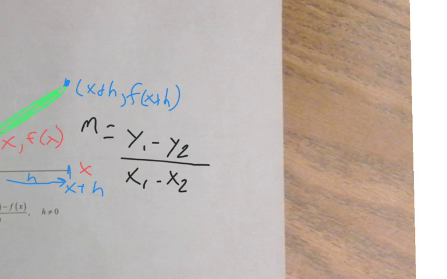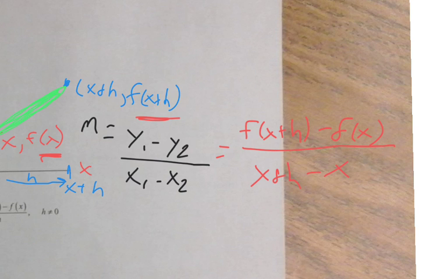So now we're going to subtract our y's and subtract our x's using the slope formula. We have our y value here and our y value here. So y1 is f of x plus h minus f of x, over x plus h minus x.